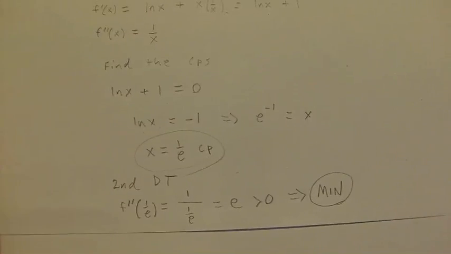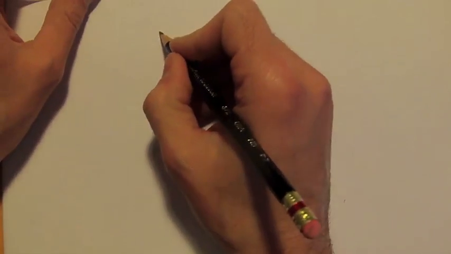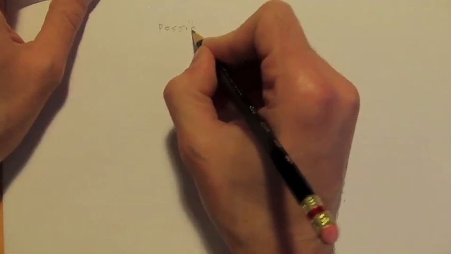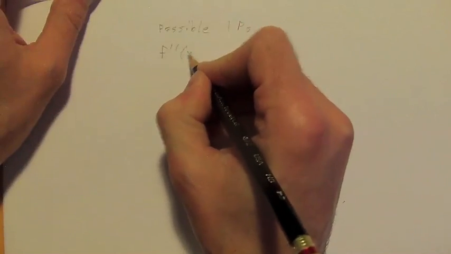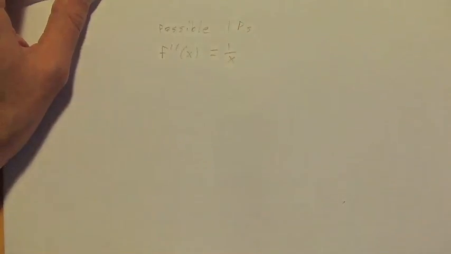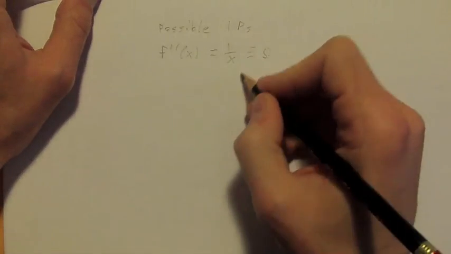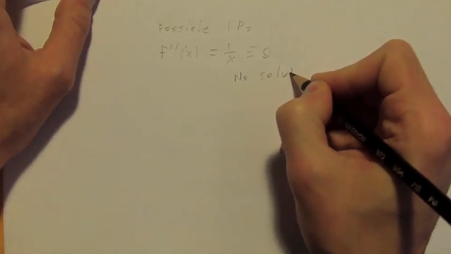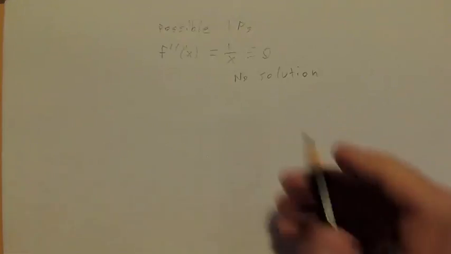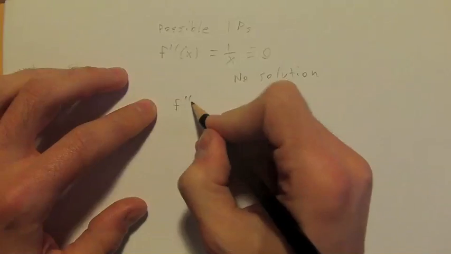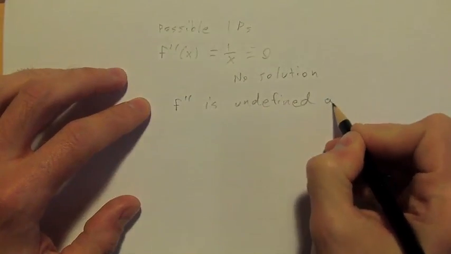All right. Now we're going to check for inflection points, and actually we can find here that very quickly f double prime of x is 1 over x, and well, if we set that equal to 0, there's actually no solution. A fraction's only 0 if the top is equal to 0 and the bottom isn't. Now you might think that f double prime is undefined at x equals 0, right?